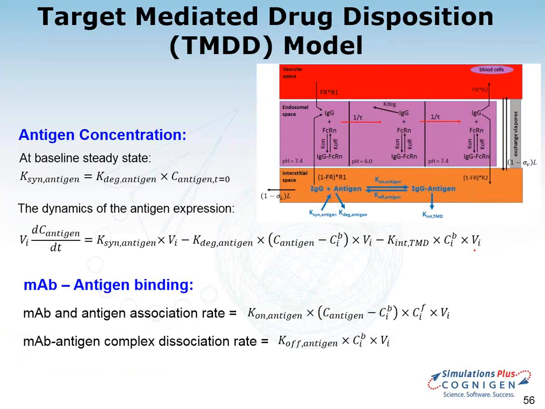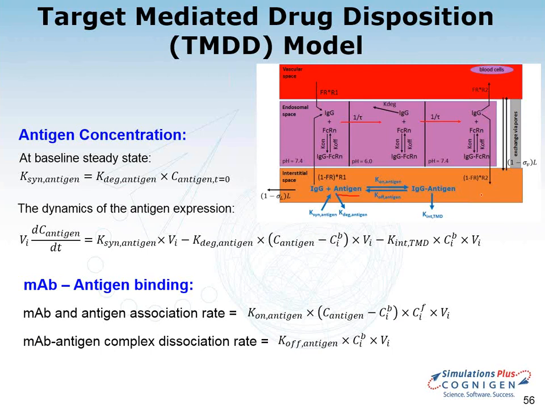And finally, the last process incorporated is the target-mediated disposition for the antibodies. Right now, this one is limited to cell surface-bound antigens, so we are not incorporating yet the soluble targets that would be distributing in complex with the antibody throughout the system.